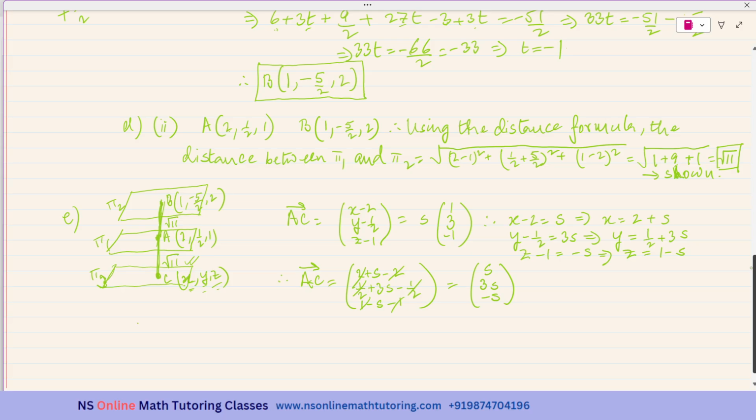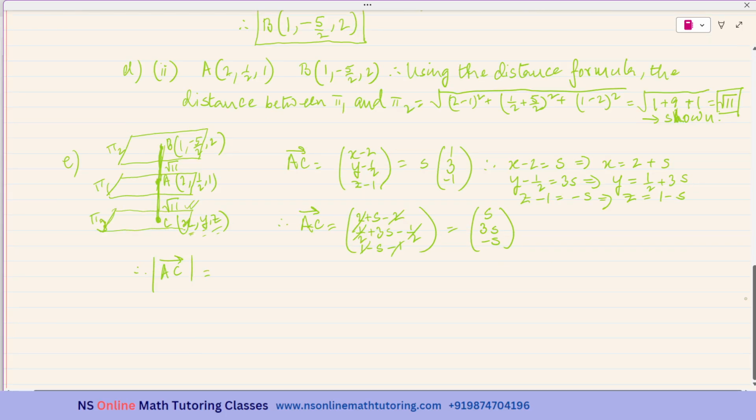Okay. So therefore, the magnitude of the AC vector will be square root of S square plus 3S whole square plus minus S whole square. This should be equal to square root of 11. Okay. Because AC vector is the vector line connecting the point A on the plane pi1 and the point C on the plane pi3.